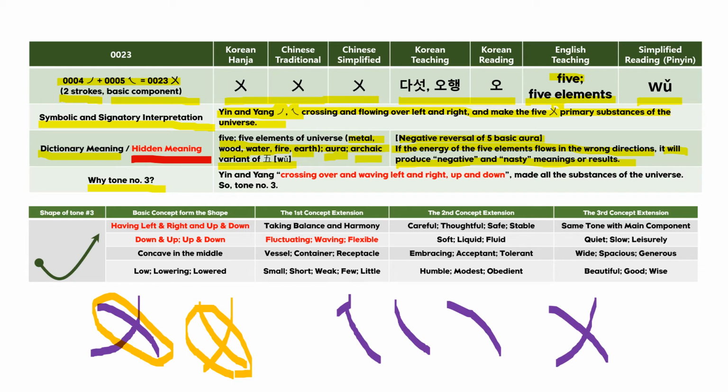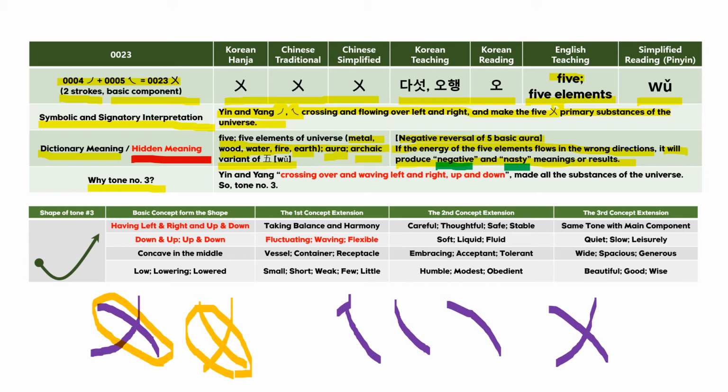So the hidden meanings here: negative, nasty, or wrong. Okay, bad sometimes. Please try to remember these hidden meanings in addition to the dictionary meanings of this character.